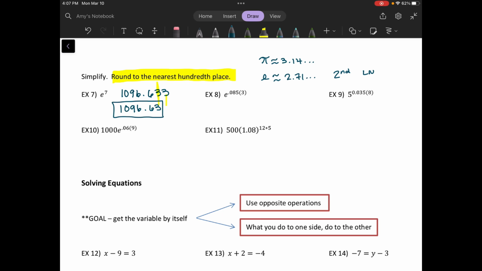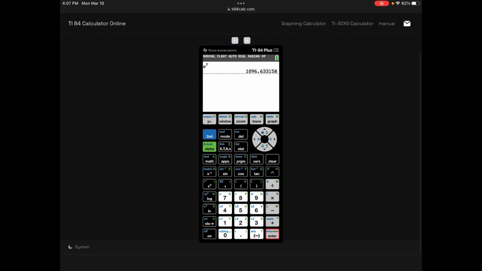Okay, this time we are going to put 0.085 times 3 in our calculator. Now, if you have an 83, you want to make sure this whole thing is in parentheses. So let's keep that in mind. Back to the calculator, second LN, it puts the E on the screen. For the 84, I can type it exactly like I see it on the paper, but I'm going to wrap it in parentheses for those of us that have an 83.